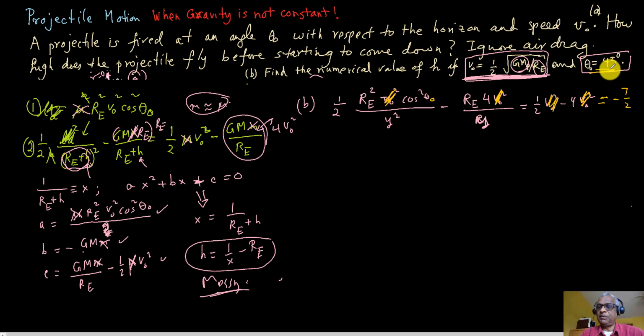Now, with 45 degrees, that's 1 over square root 2, this becomes half. And instead of solving for, writing down the answer for Re, let's absorb that. Let's call it z square, and z equals y over Re, and y was Re plus h.